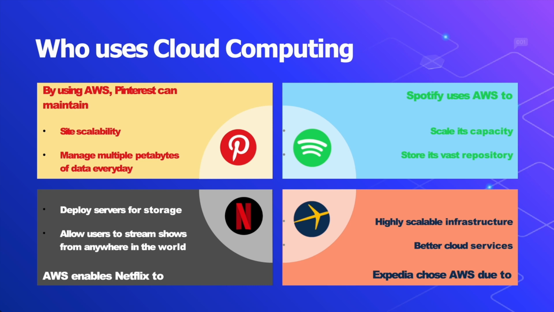Who uses cloud computing? So, Pinterest uses AWS cloud to easily scale to serve over 250 billion pins to users globally. It allows them flexibility to manage spikes during special events. Cloud also helps them analyze data to understand user preferences. Spotify migrated to Google Cloud Platform to leverage scalable infrastructure for storage and streaming.